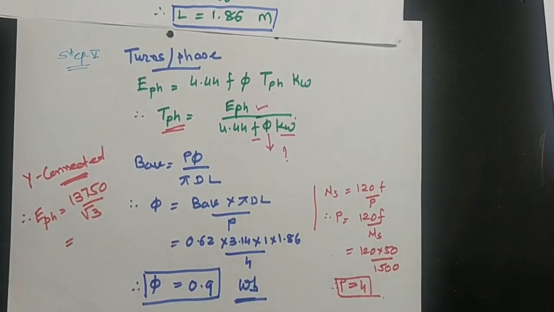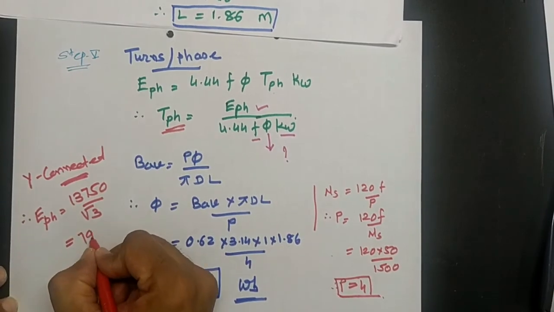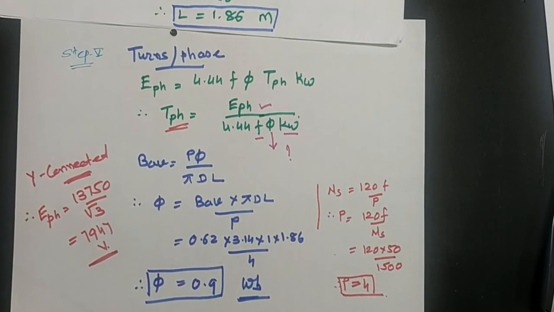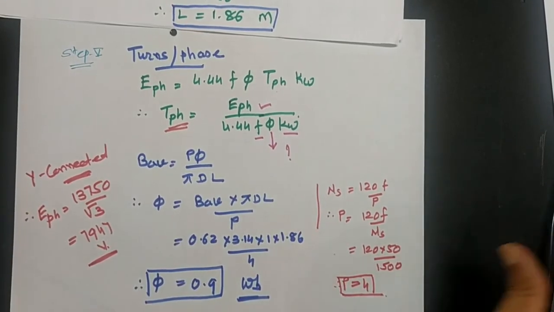If it is delta connected, then it can be a different value. So 13,750 divided by 1.73 comes to 7947 volt. This value we have to consider while calculating the number of turns per phase.